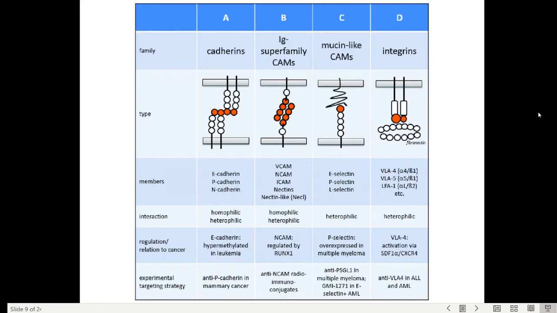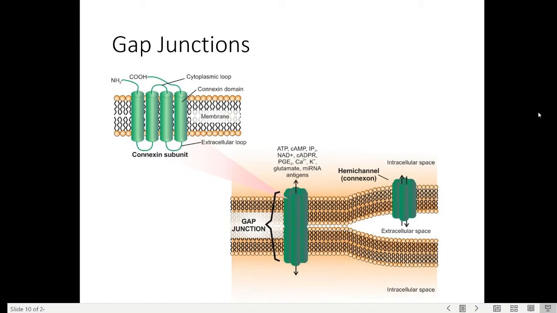It's a major thing. Okay, gap junctions. What are gap junctions? These gap junctions are expressed in the cell membrane. Why are they present at the cell membrane? These gap junctions are G-coupled protein receptors made up of connexin subunits.